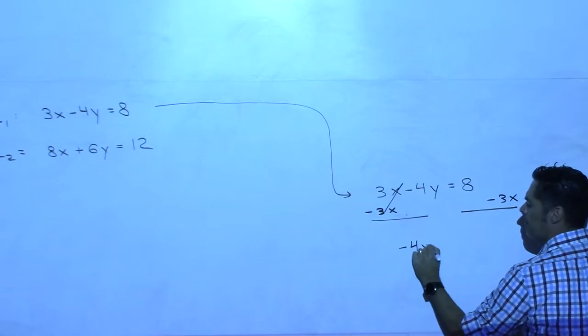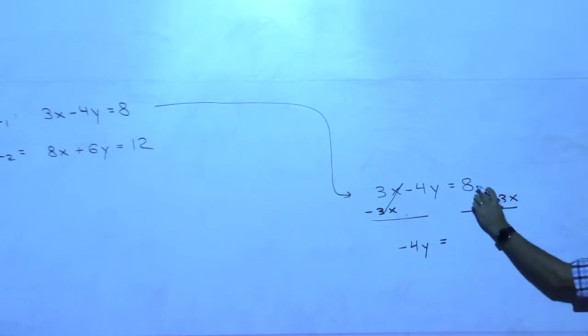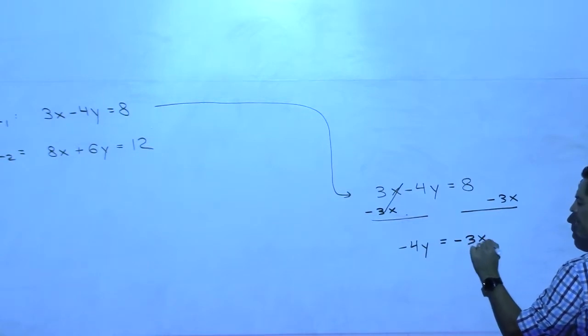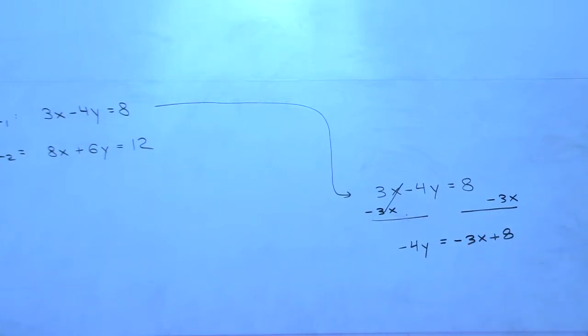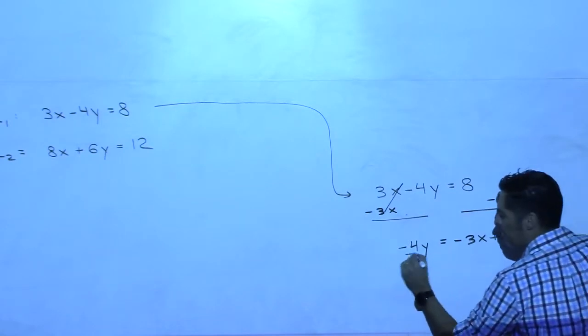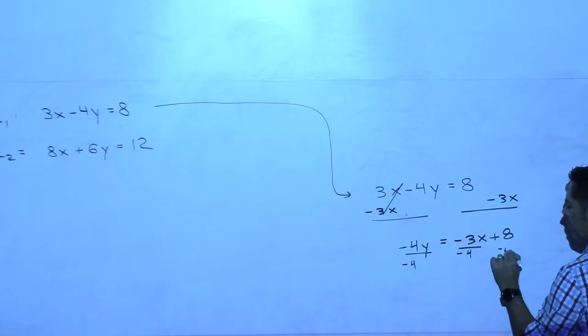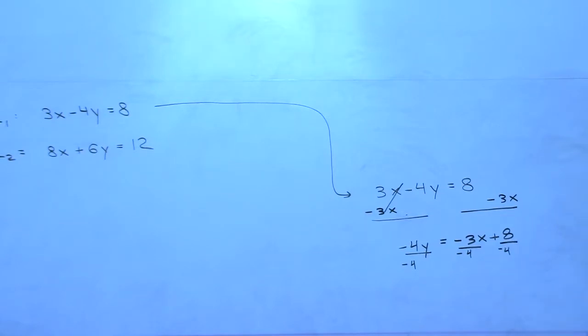And over here, you cannot combine these together, so I'm going to write negative 3x plus 8. Now what? Divide everything by negative 4: negative 4 here, negative 4 here, negative 4 here. Let's see what we get.